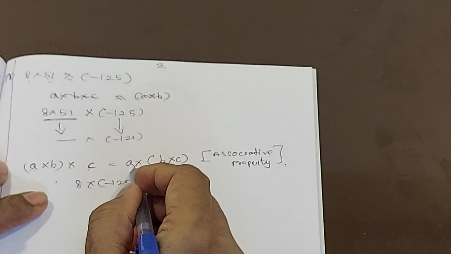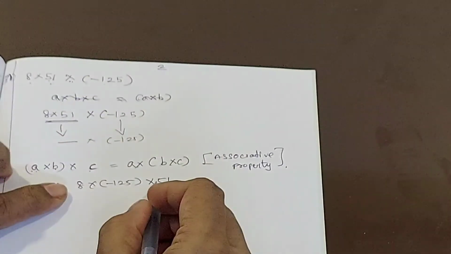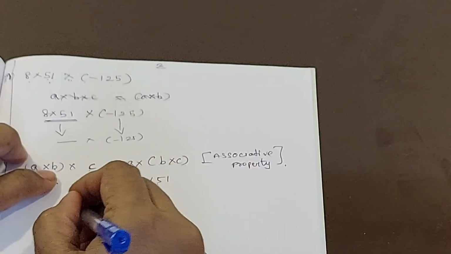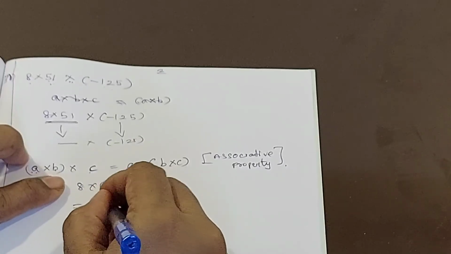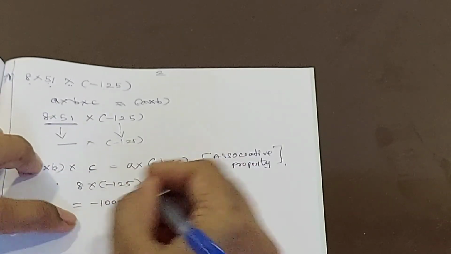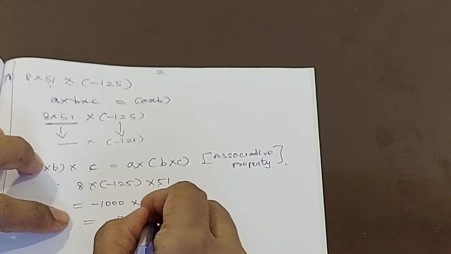This A is 8 and B is minus 125, and I am putting this C as the last term. So I will get minus 1000 into 51. So I will get minus 51,000 as the answer.